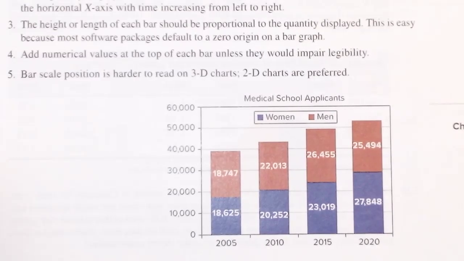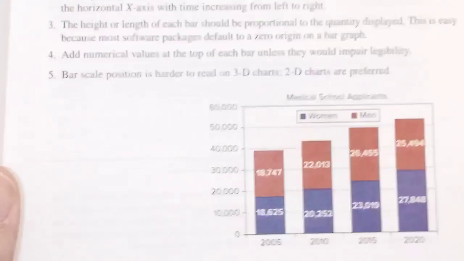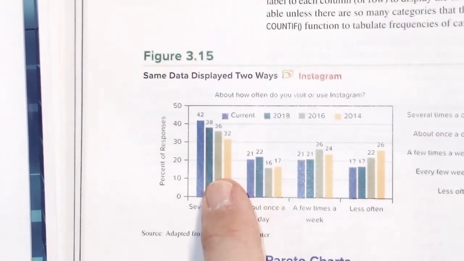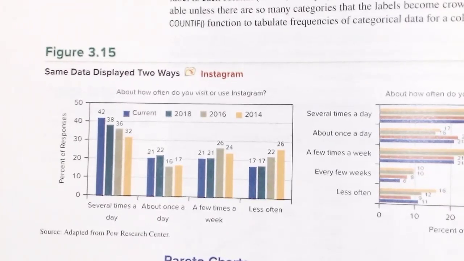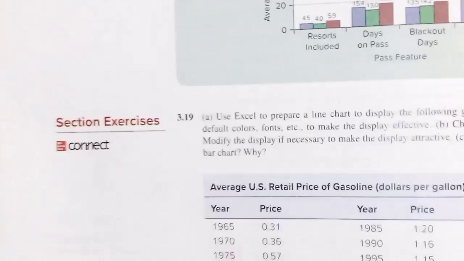But then if I want to compare them, rather than doing stacked columns like this, I'd be better off doing separated columns like this. Again, that's a personal behavior. I don't like them as much. They are useful.